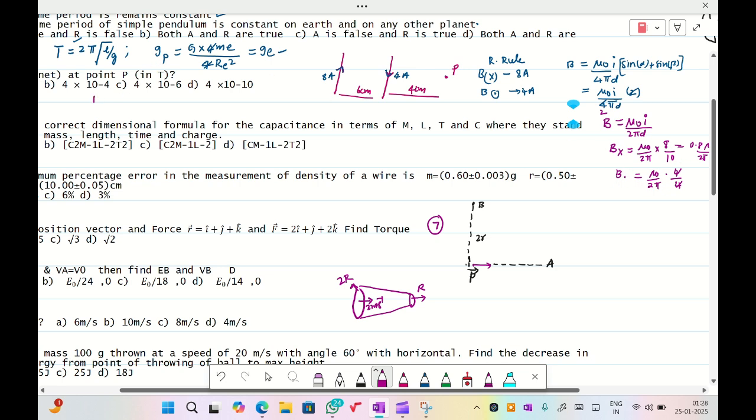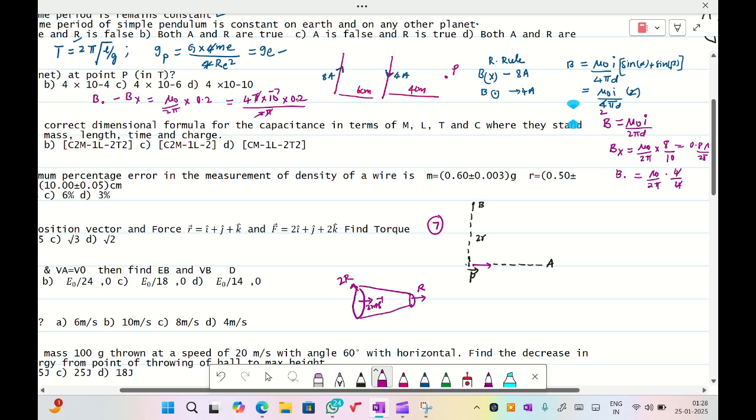Therefore, B out minus B in equals mu naught by 2 pi into 0.2. So mu naught I can write as 4 pi into 10 power minus 7. Therefore, 4 pi into 10 power minus 7 into 0.2 by 2 pi.